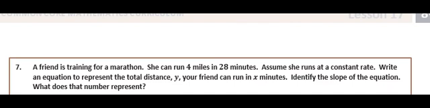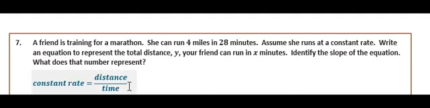All right, so hopefully you've circled the numbers 4 and 28. They are very important numbers. And where you see the words constant rate, hopefully you have boxed it out and written that constant rate is equal to what? Yeah, constant rate is going to be equal to our distance over our time.